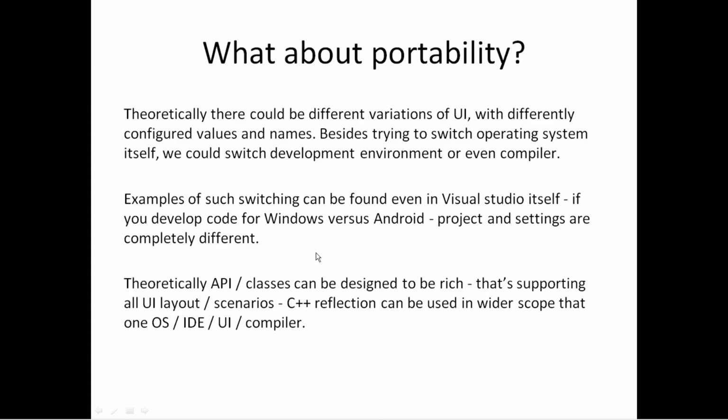Typically, from my perspective, the API and classes can be designed rich, supporting multiple platforms and multiple UIs, and it's a matter of what kind of path information we will use. Depending on IDE or compiler, we can have different paths, but it can still be centralized in one place.